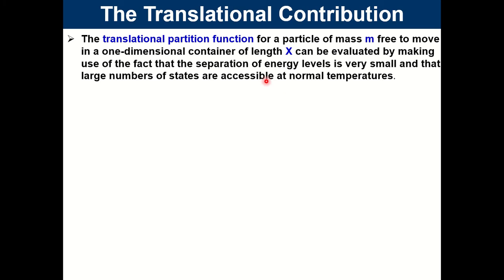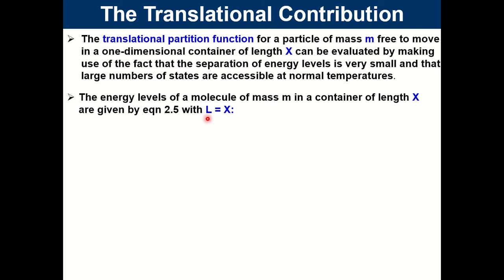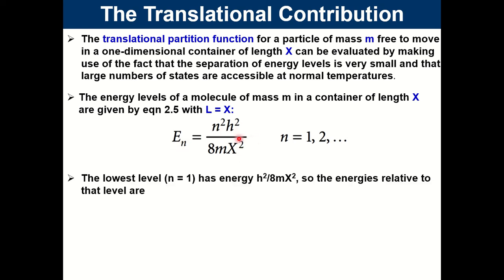If you start from there, considering x as the length of the container in which the particle is, you can assume that L, the length, is equal to x, considering only one dimension. So your energy of the system can be given by this, as we have derived in the case of a particle in a one-dimensional box.